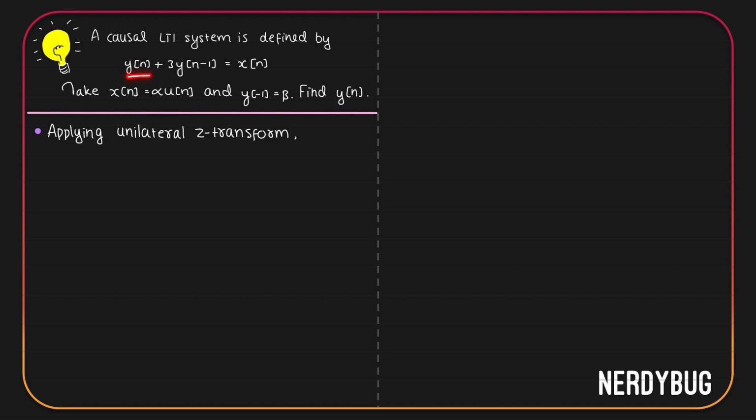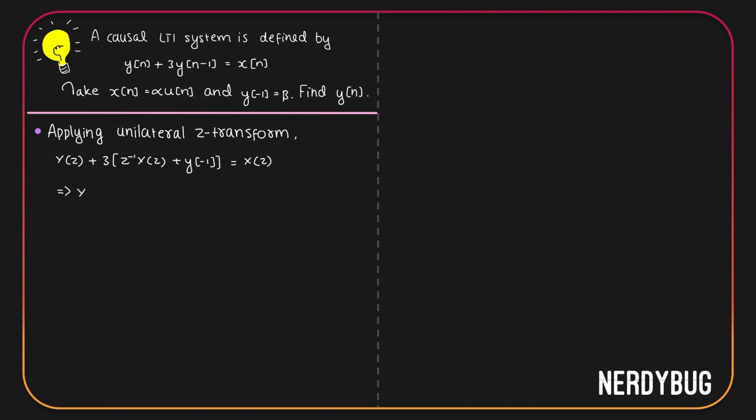On the left hand side we have y of n, so we can write y of z plus, for 3y of n minus 1 we can write 3 times z inverse y of z plus y of minus 1. On the right hand side we have x of n, so we can write x of z.